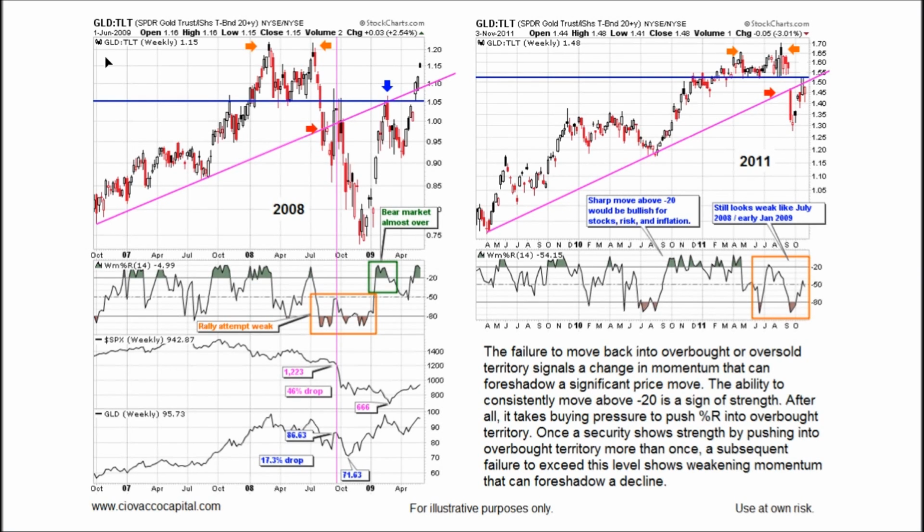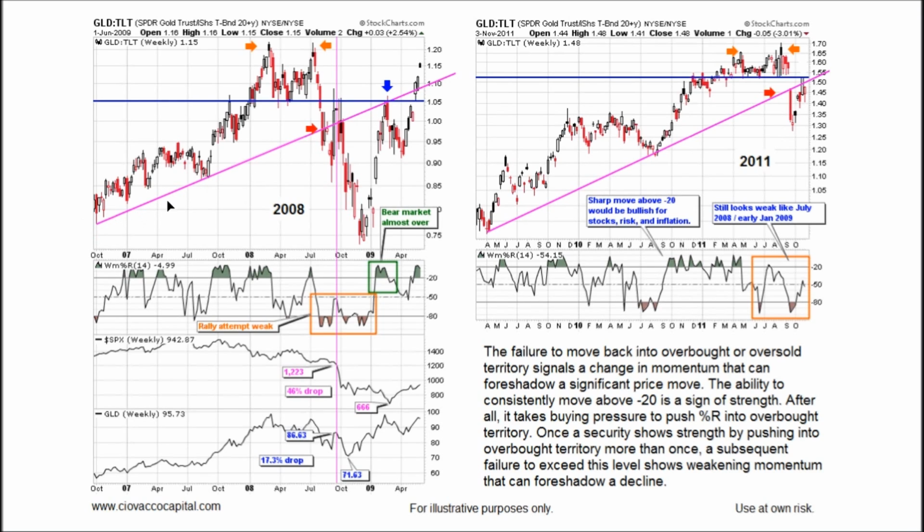All right, what are we looking at here? This is a chart that starts in 2007 roughly and goes to 2009. You'll notice we had kind of a double top here in 2008. We've got a similar setup here in 2011. We broke down here and went through this upward sloping trend line.